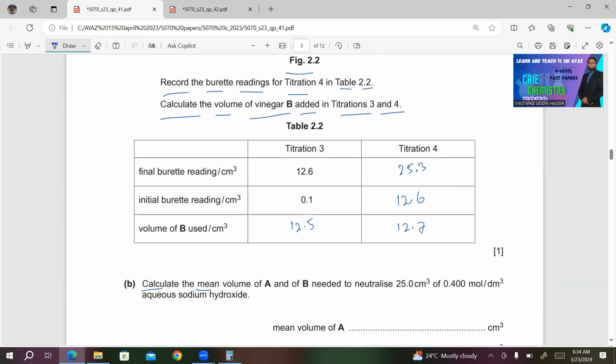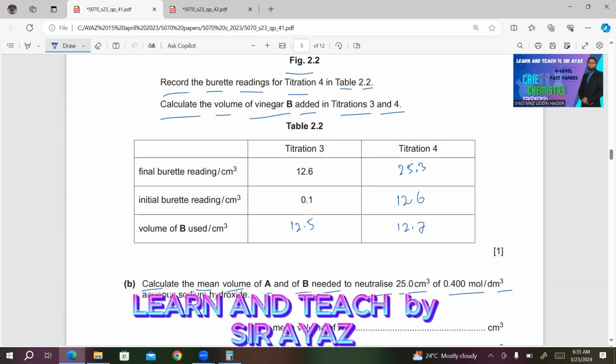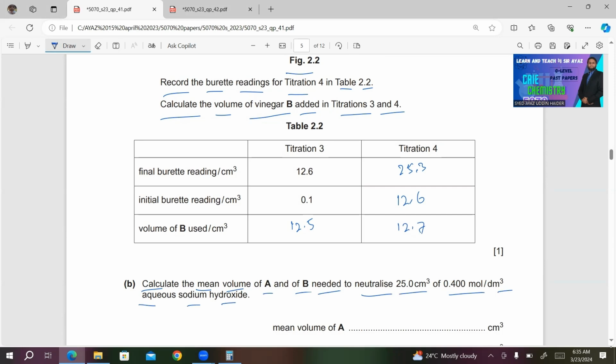Calculate the mean volume of A and of B needed to neutralize 25 cm cube of 0.4 mole per dm cube aqueous sodium hydroxide.